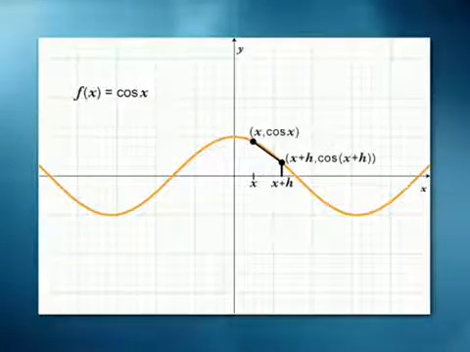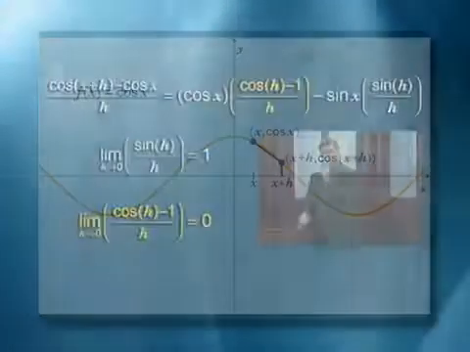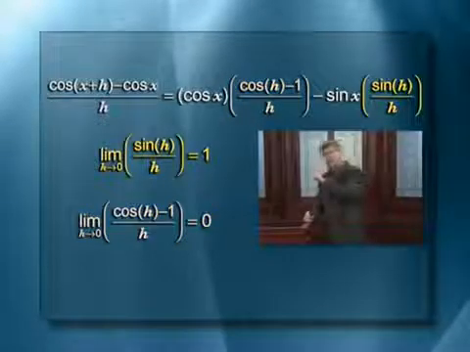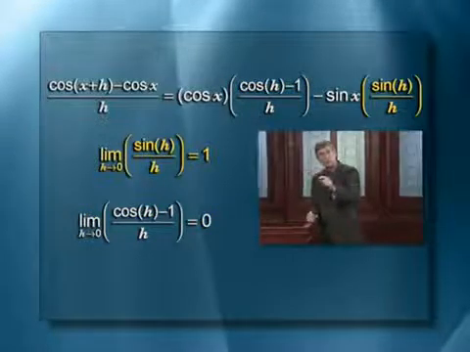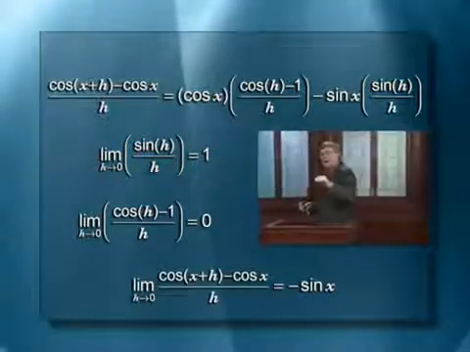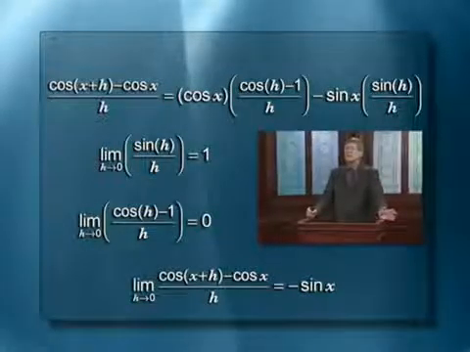Well, that expression gives the slope. We notice that the first term, the cosine h minus 1 over h, approaches 0, and the second term, sine h over h, approaches 1. So as we get closer and closer, this simplifies to minus sine x. Everybody else has died off.